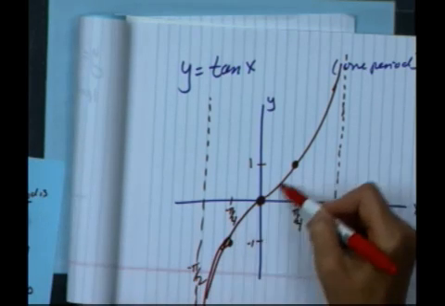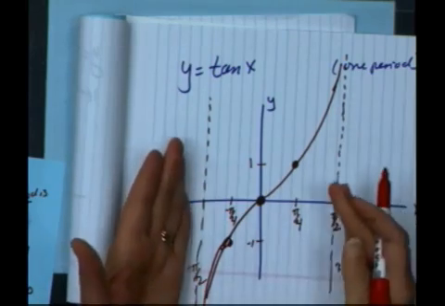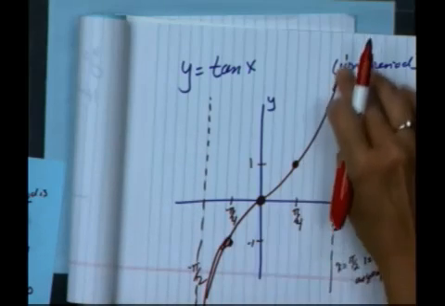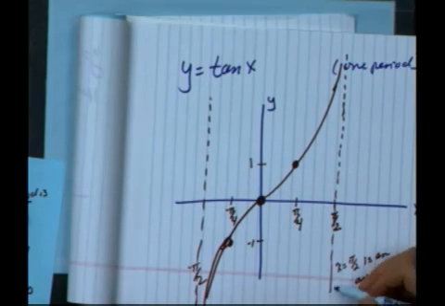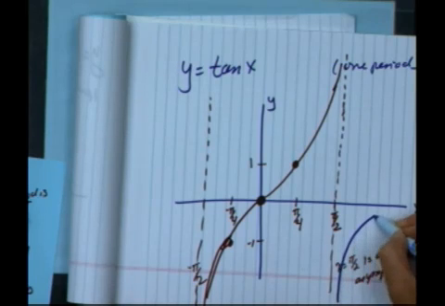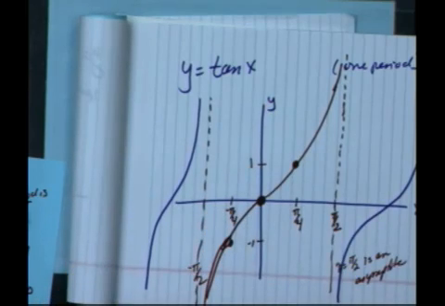And tradition has it that if you have to sketch one period, you would sketch it between negative pi over 2 and pi over 2 so that you get a nice curve. After this, if you're going to sketch more than one period, your curve is going to go like this and continue on. And over here, it's going to go like this. Okay, so it just continues on and on.